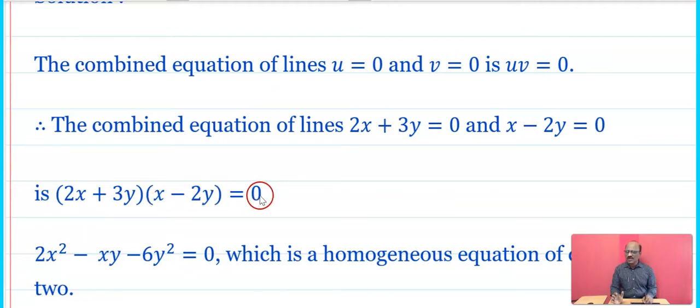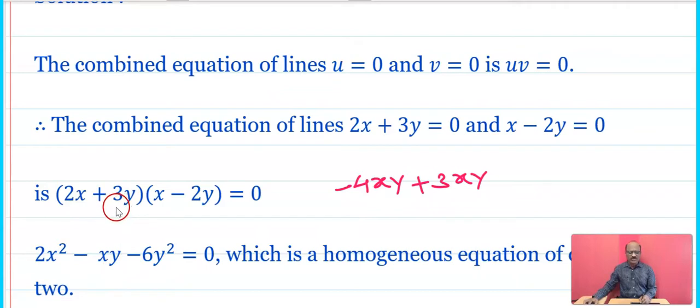Now their product: 2x into x, you will get 2x square. 2x into minus 2y, you will get minus 4xy. And next is 3y into x, then you will get plus 3xy. Now minus 4xy plus 3xy, you will get minus xy.